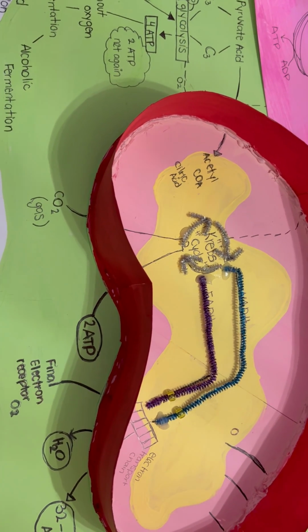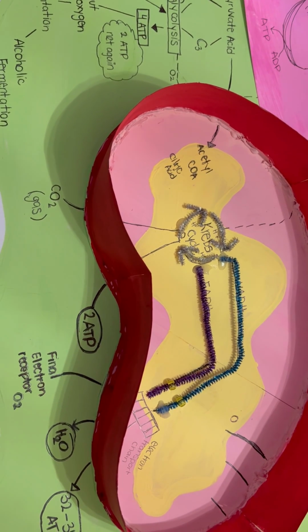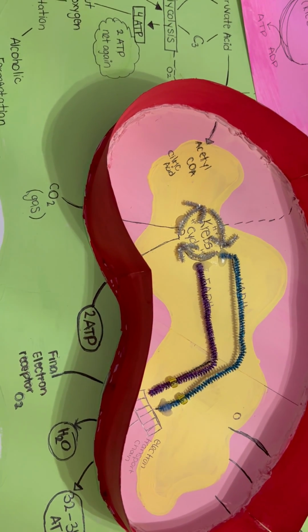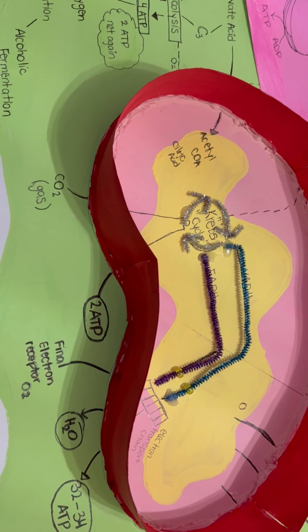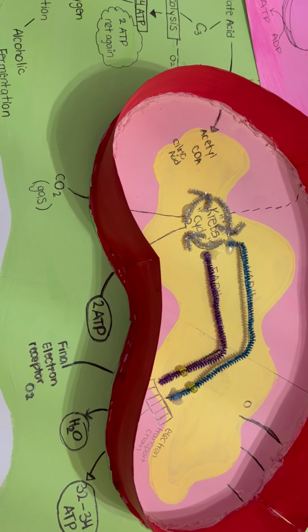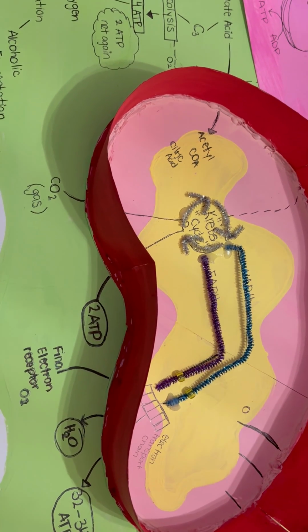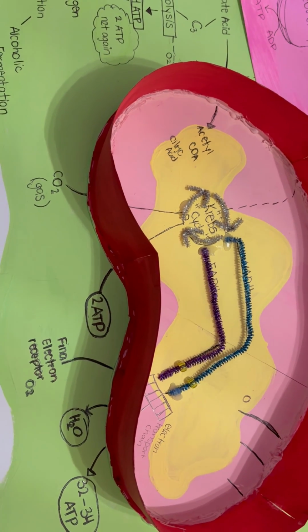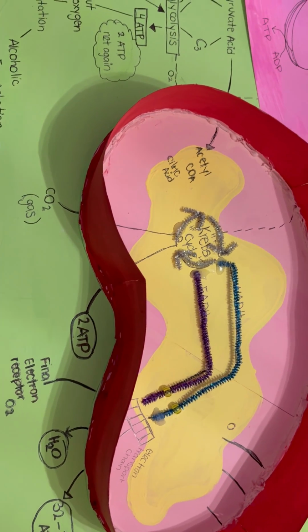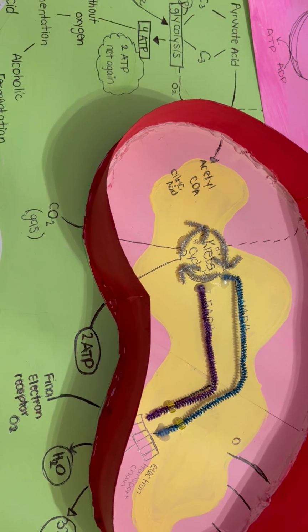First, a single acetyl-CoA attaches to oxaloacetate to produce citrate. This citrate goes through several changes, and on the way, NAD+ is reduced to NADH. FAD is turned into FADH2. ATP is produced from ADP and phosphate by substrate-level phosphorylation, and CO2 is released as products.